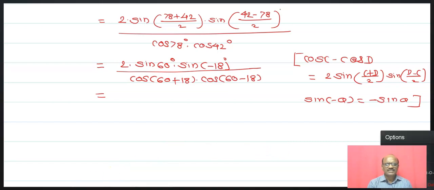Again, I have written the denominator in this fashion: cos (60 plus 18) into cos (60 minus 18). Now we will evaluate.